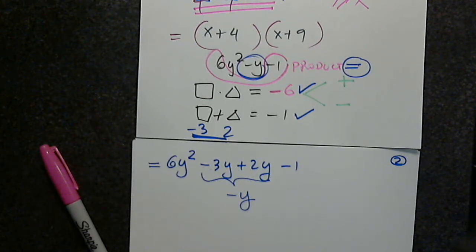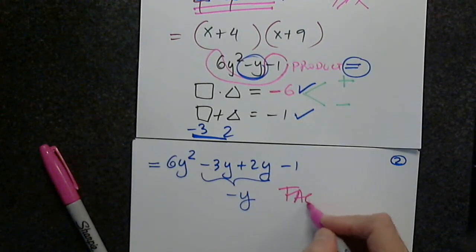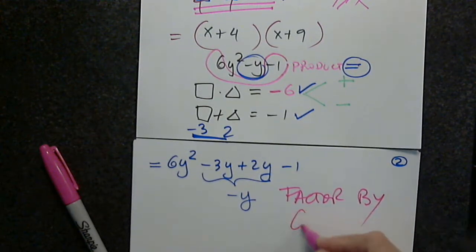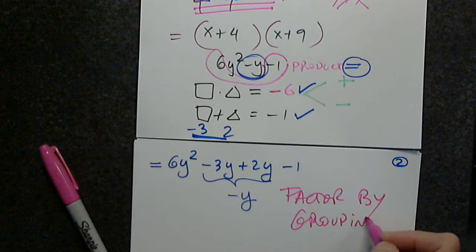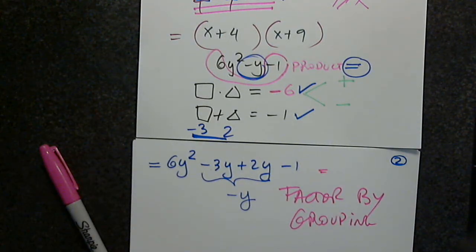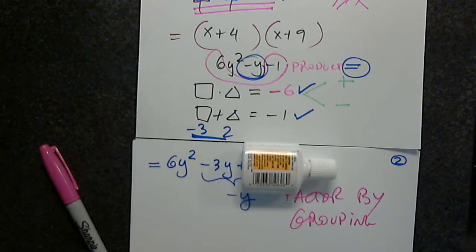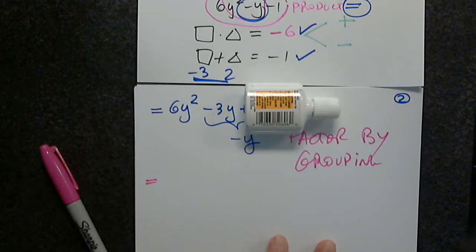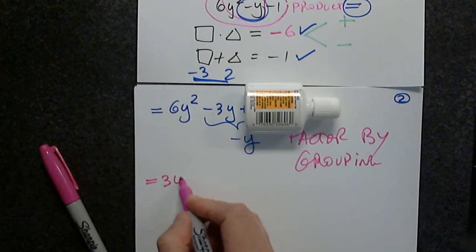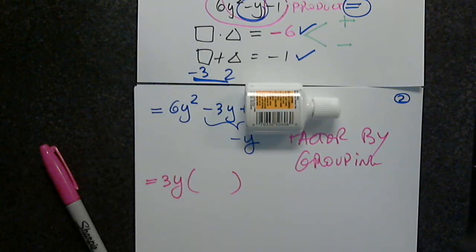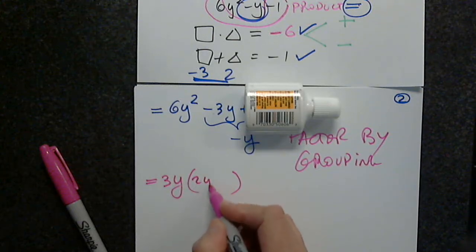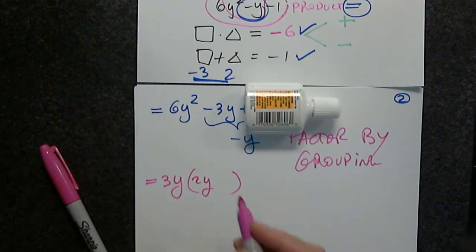Now the next step is we factor by grouping. Let's say we group the first two. Please tell me what you pull out from the first two. What is the greatest common factor? 3y. Excellent. What is left in parentheses? Y minus, careful, 2y. Perfect.